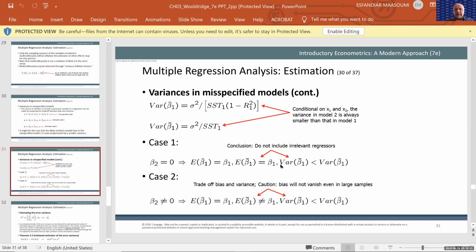And variance in the smaller model is always a smaller variance than in the larger model. If beta 2 is truly 0, you've committed no error and the estimate will be unbiased. If beta 2 is non-zero, that means x2 does belong to the model and you excluded it, so you're not going to get an unbiased estimate.